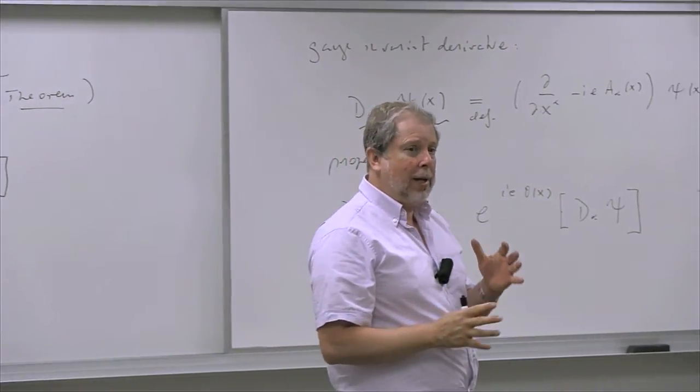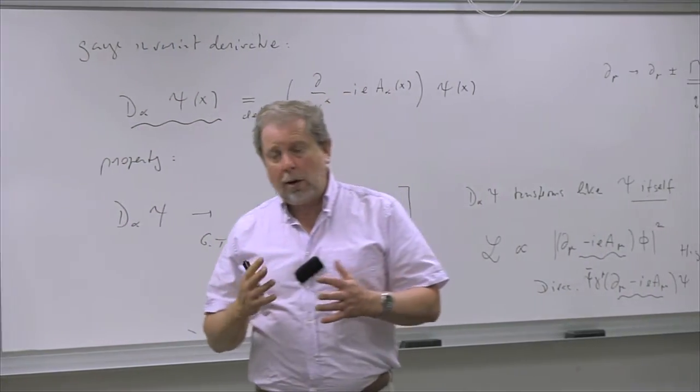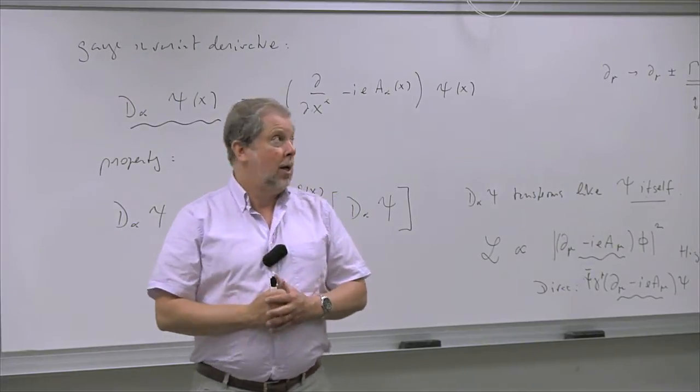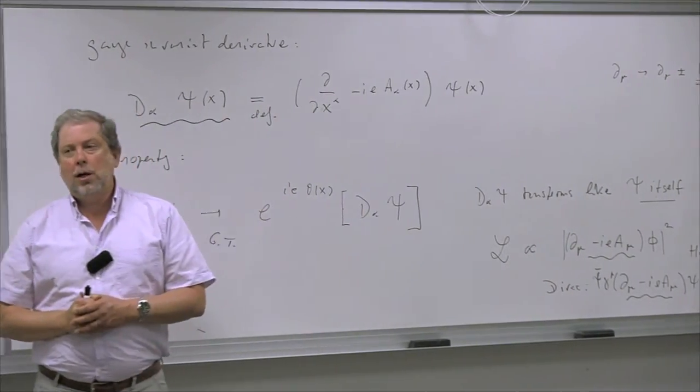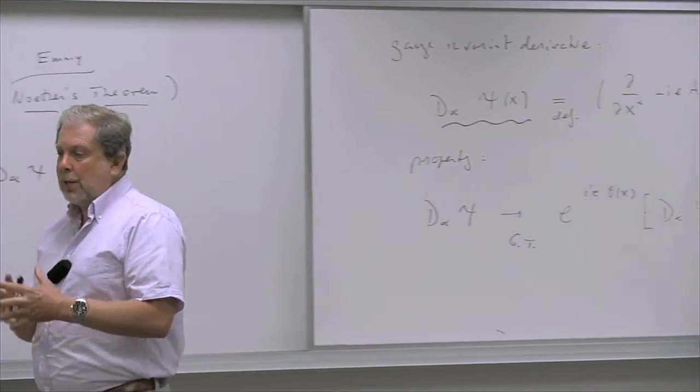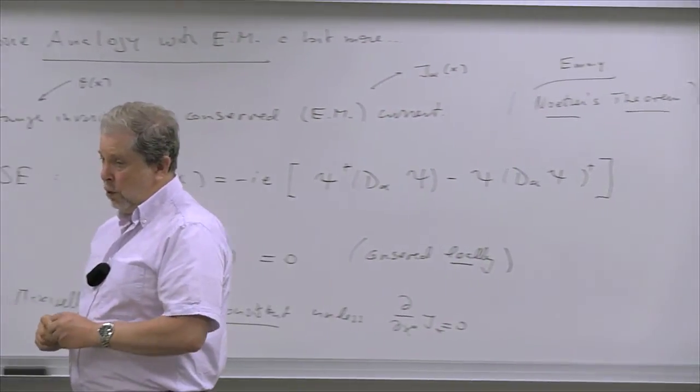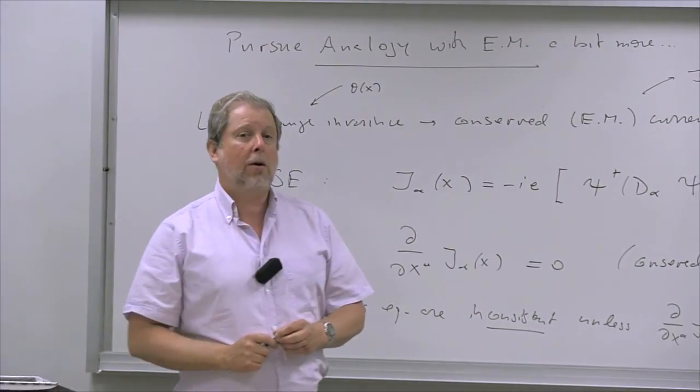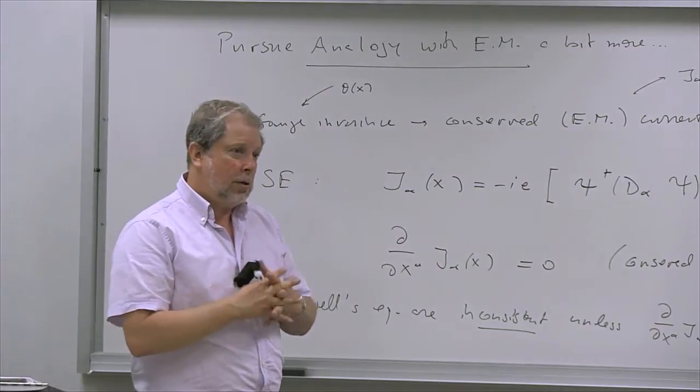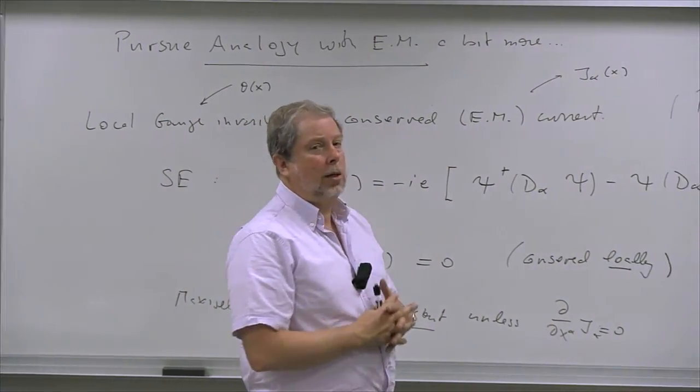So in electromagnetism, that symmetry is local gauge invariance under these phase transformations, and there has to be a quantity associated with that symmetry which is conserved, and that's the electromagnetic current. So all these things go hand in hand and tie up together.